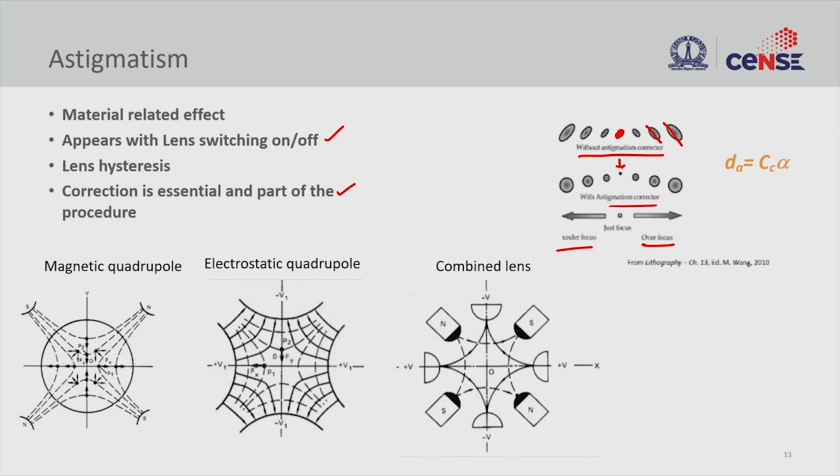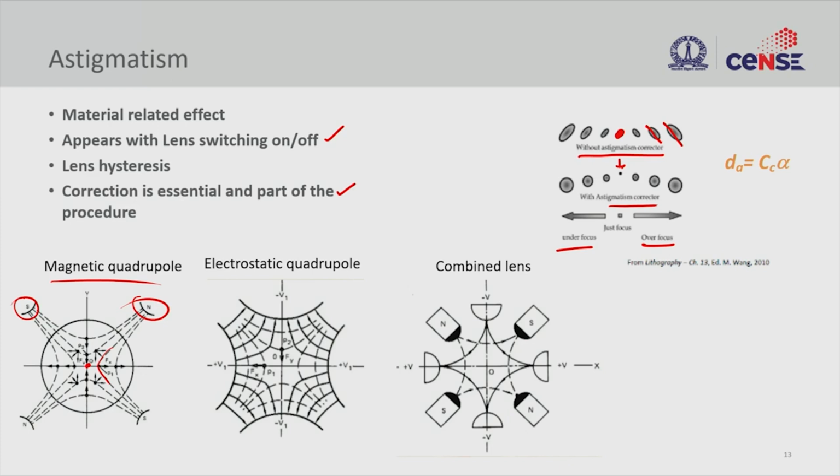And then how do we control this? As I mentioned, we use magnetic and electrostatic lenses. So in a magnetic lens, you use magnets. You have the field lines going through, and then the electron beam will feel the force, and then accordingly you can focus.